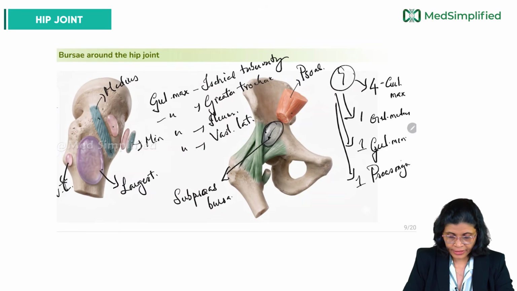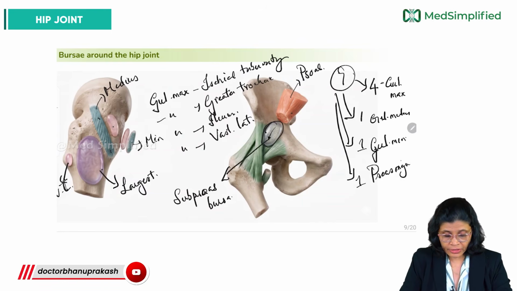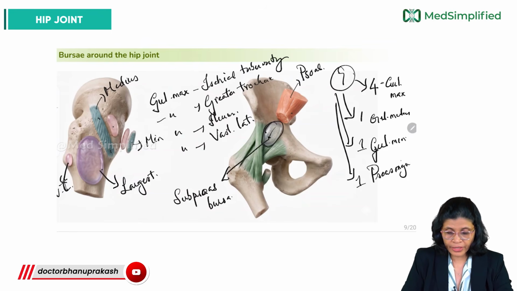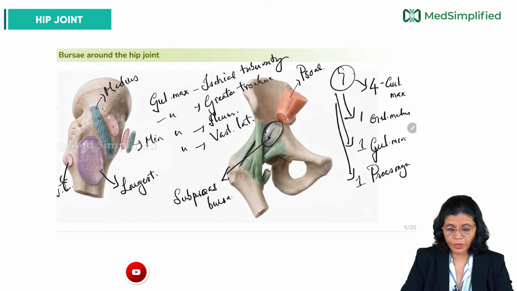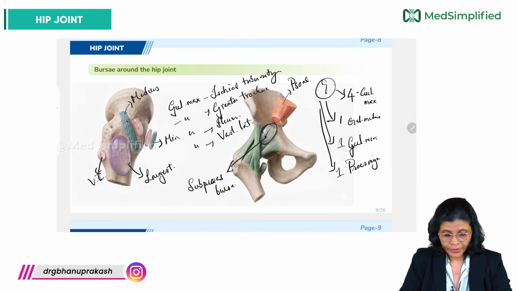In 10% of individuals, this psoas bursa communicates with the synovial cavity of the hip joint, as I had shown previously at the site of communication. That communication is mainly between the pubofemoral and iliofemoral ligaments.